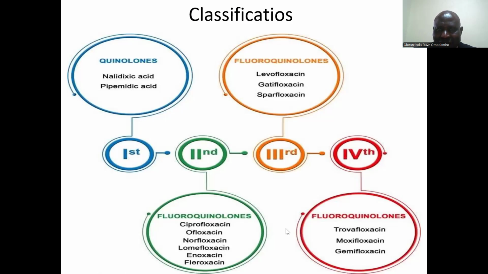That constitutes the third generation. And then the fourth generation of quinolone has the fluoroquinolones trovafloxacin, moxifloxacin, and gemifloxacin. So these are the classification of the various quinolones that we have.